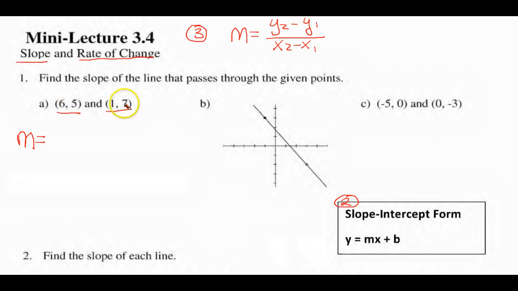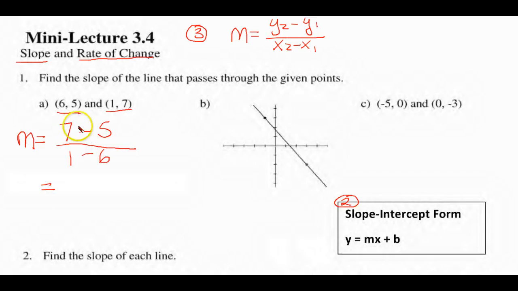So it's to take y sub 2, which is 7. Now in the formula there's a negative, and then we take our y sub 1, which is 5. Then we go to our x sub 2, which is 1, minus our x sub 1, which is 6.